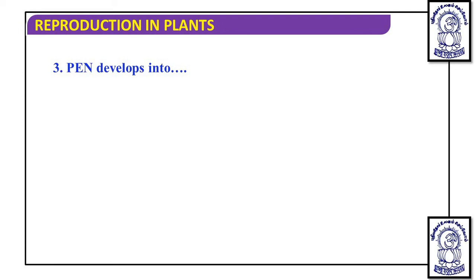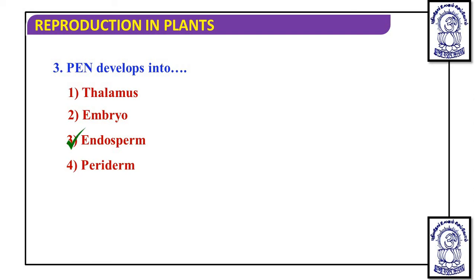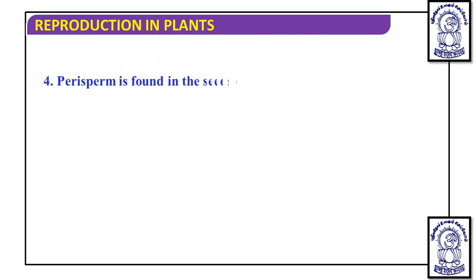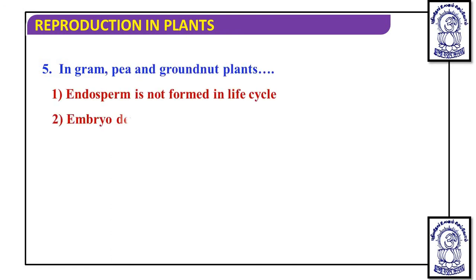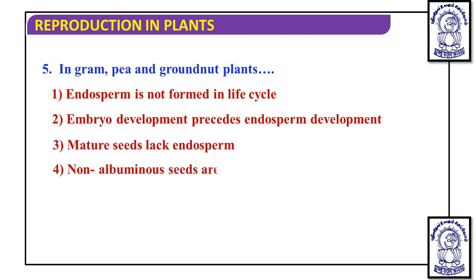Next, the primary endosperm nucleus, that is PEN, develops into endosperm. Then perisperm is found in the seeds of, you know that perisperm is nothing but persistent nucellus, just as we have studied. It is found in Piper nigrum, black pepper. The next question: in gram, pea and groundnut plants, endosperm is not found. You know that gram, pea and groundnut are non-endospermic seeds. The first statement given is that endosperm is not formed in this life cycle.